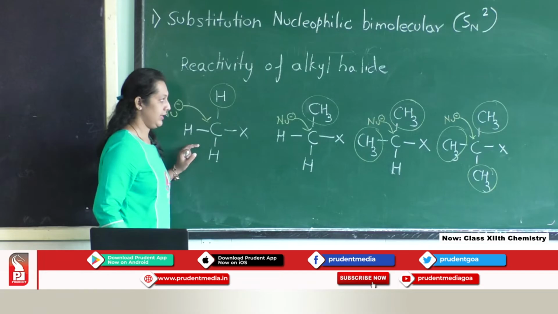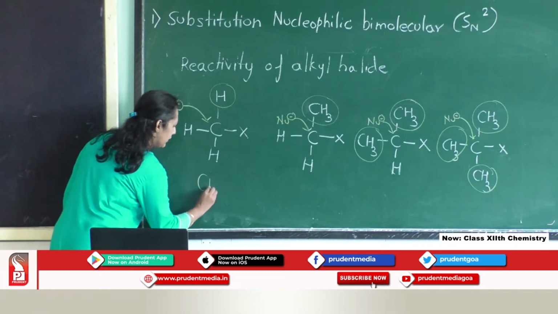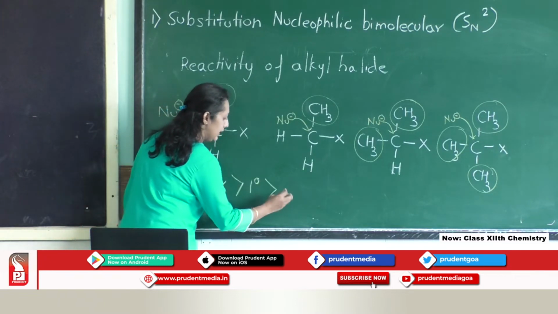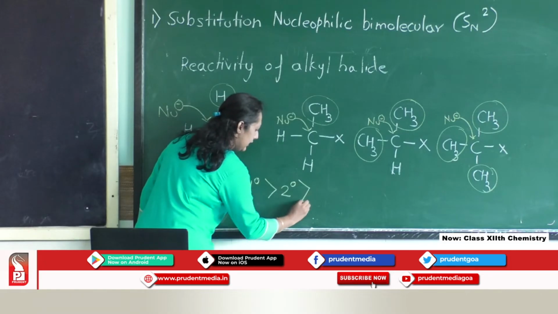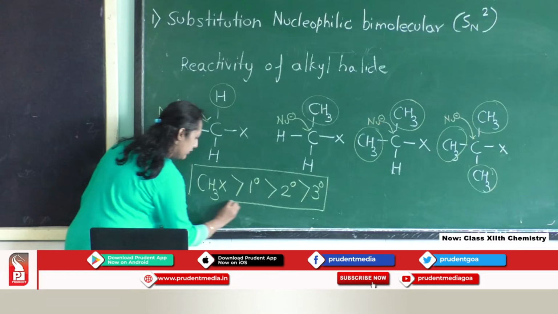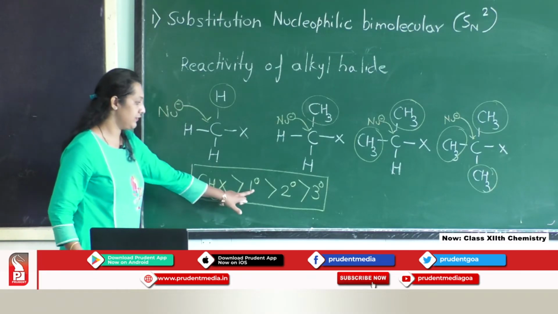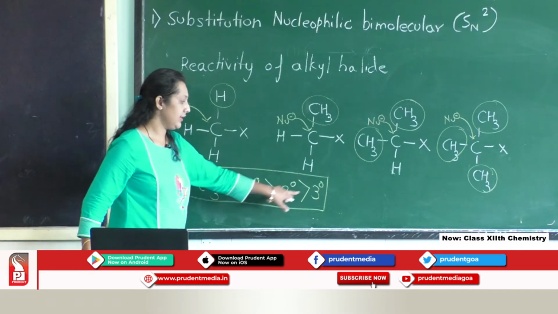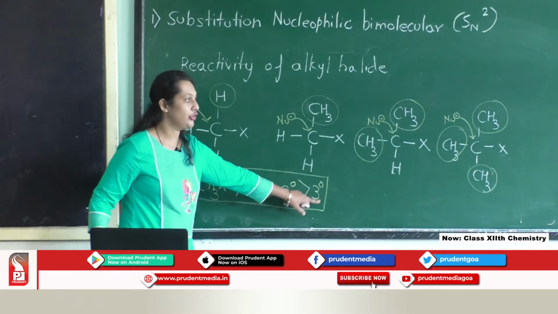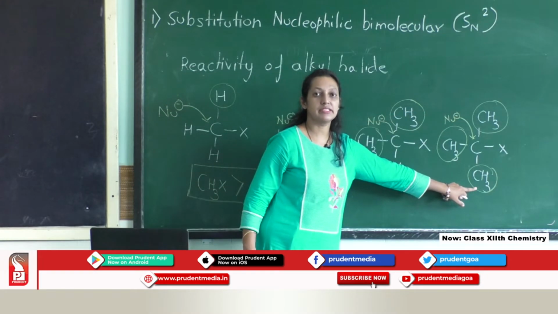Now, when we compare these 3, the order of reactivity will be methyl halide, primary alkyl halide, secondary alkyl halide and tertiary alkyl halide. So, methyl halide will be more reactive as compared with the primary, then secondary and the tertiary. That means, tertiary alkyl halides are least reactive because of the presence of 3 bulky groups and maximum steric hindrance.